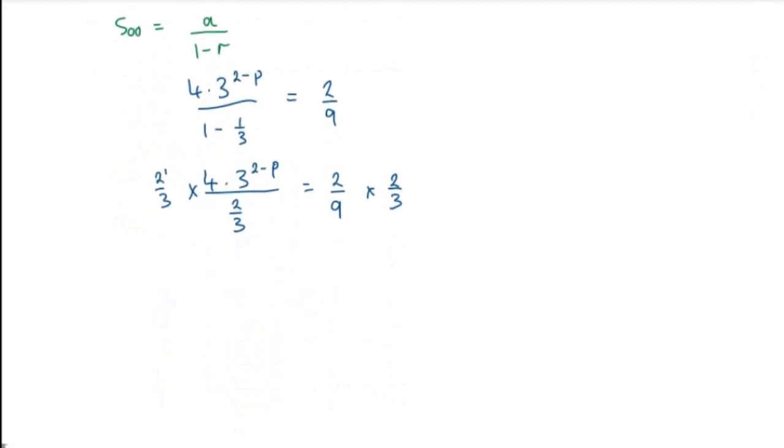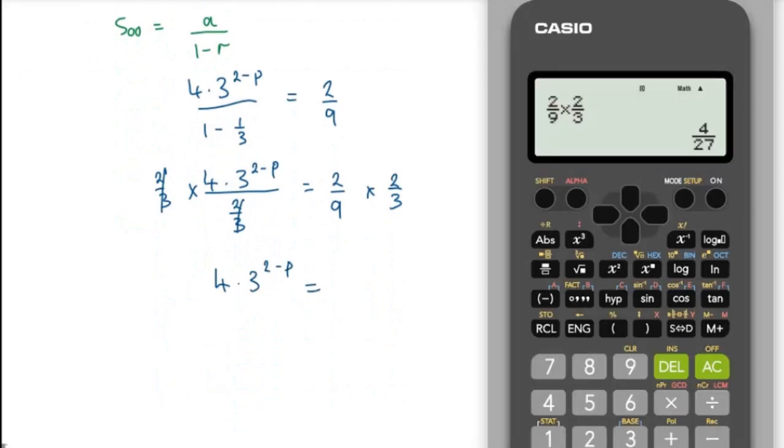So that you cancel. So 4 times 3 to the power of 2 minus p should be equal to, you can just quickly work that out on the calculator, 2 over 9 times 2 over 3.